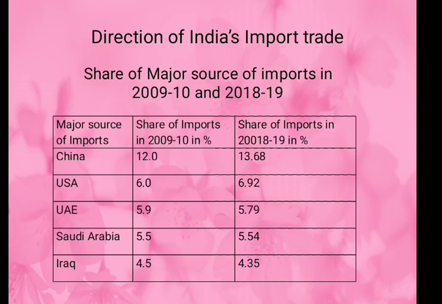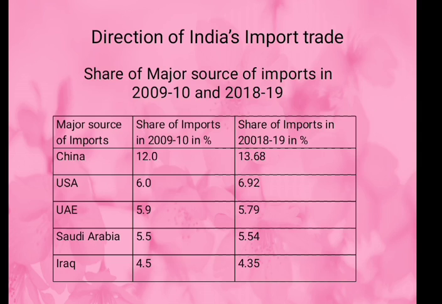In this table, the share of major sources of imports is given for 2009-10 and 2018-19. The major sources of imports are China, USA, UAE, Saudi Arabia, Iraq. These are the top 5 countries from which India is importing various goods and services.